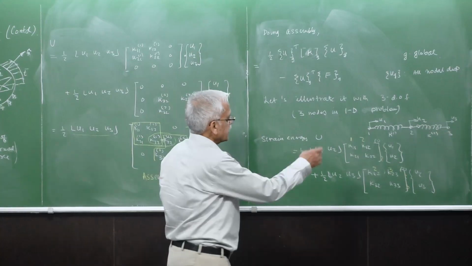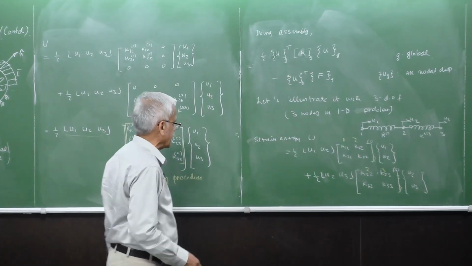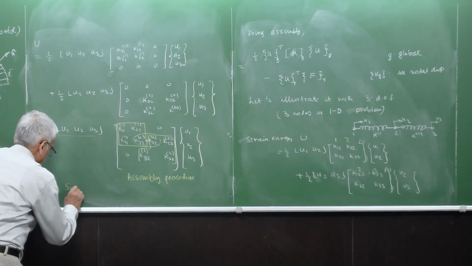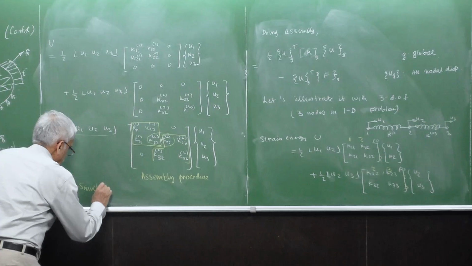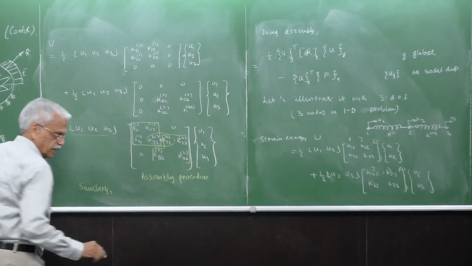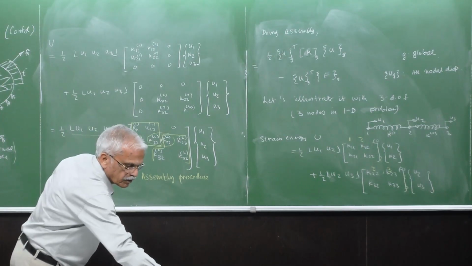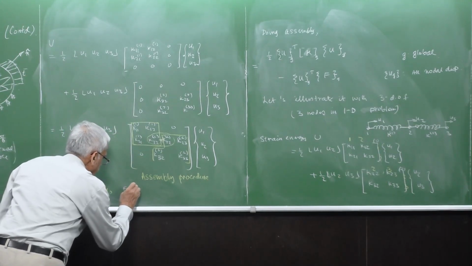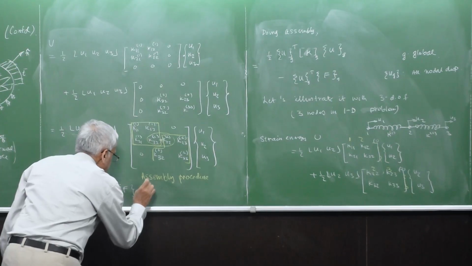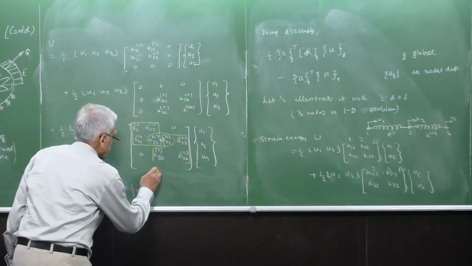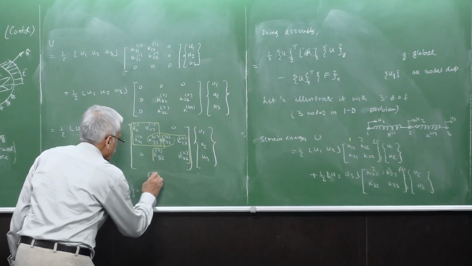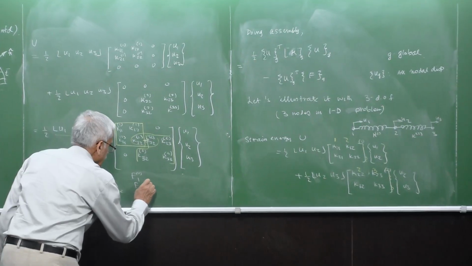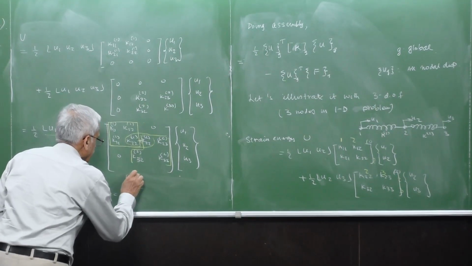Similarly, even the F can be added. Similarly, the F also will become global, as we have here Fe1, Fe2, and this comes from element 1.